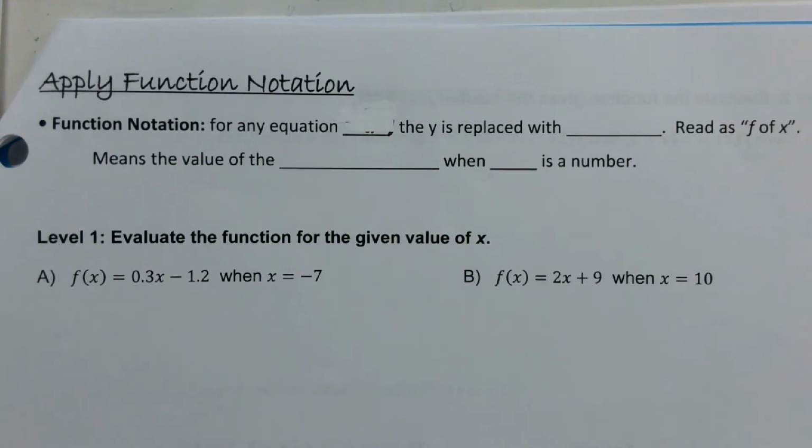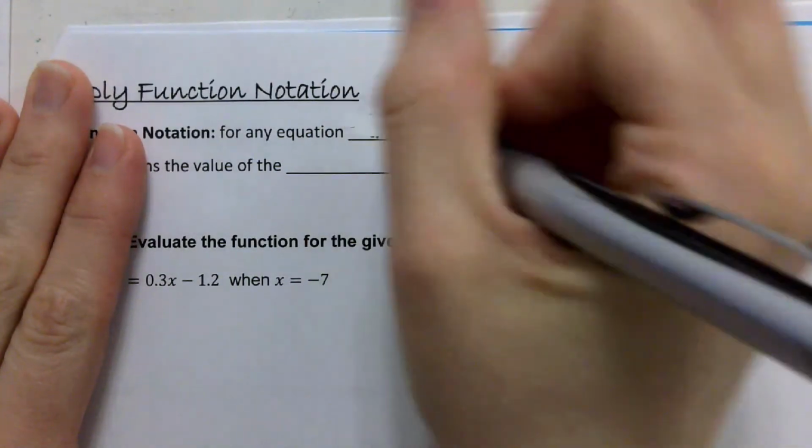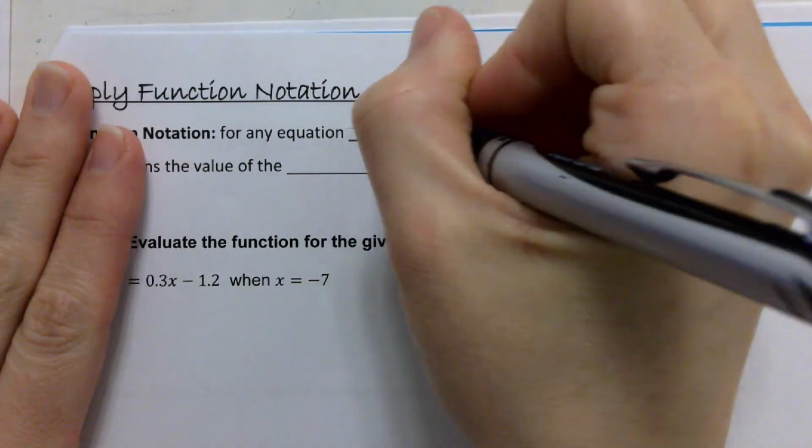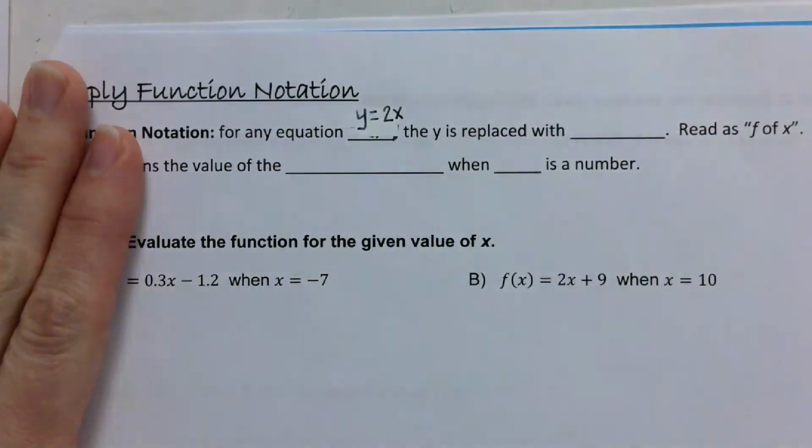At the beginning of standard 14 here, we're going to talk about function and function notation. So we're going to have an equation that would look something like y equals 2x or something like that.